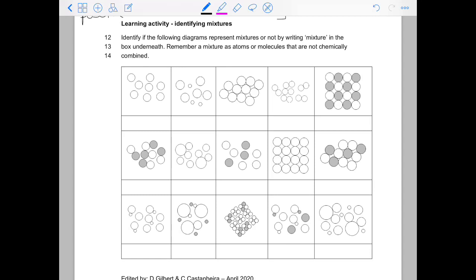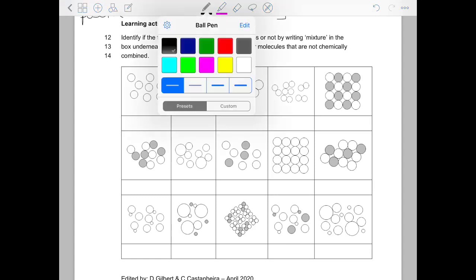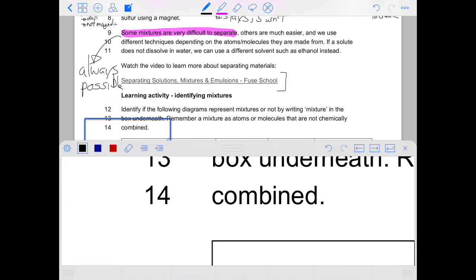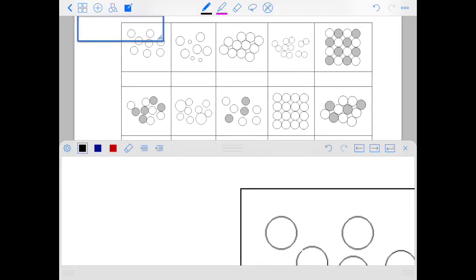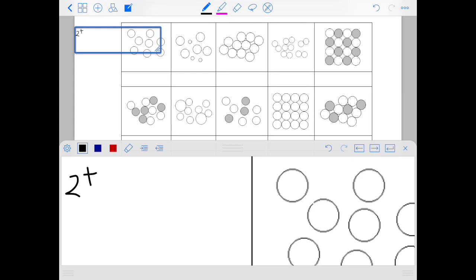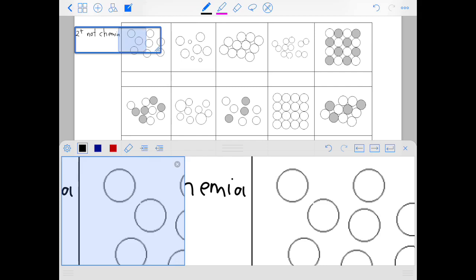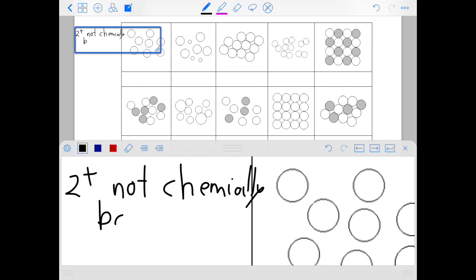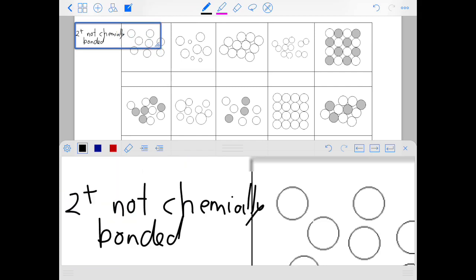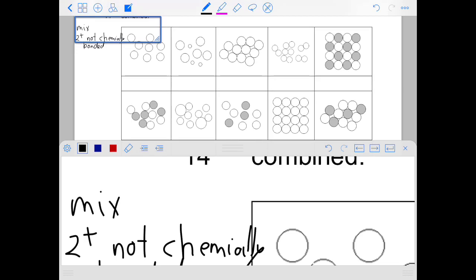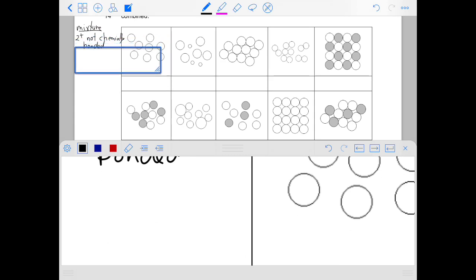First, we need to make sure that you understand the difference between a mixture and a compound and an element. So remember that a mixture is two or more things not chemically bonded. That's a mixture. Make sure that you do have these definitions down because they will pop up again later.